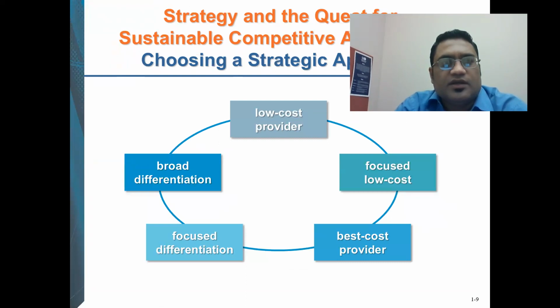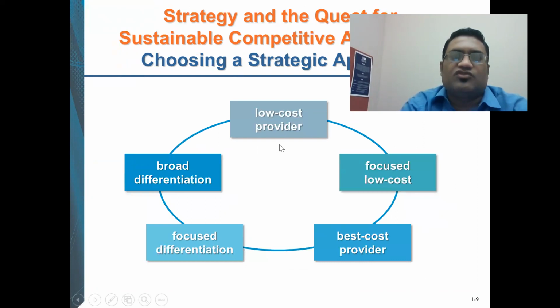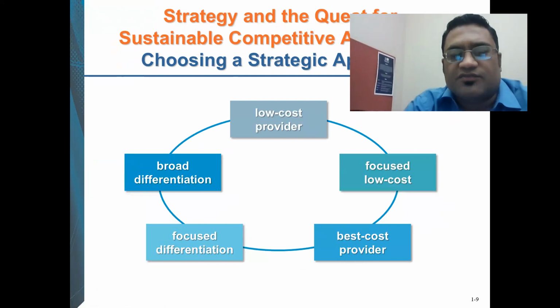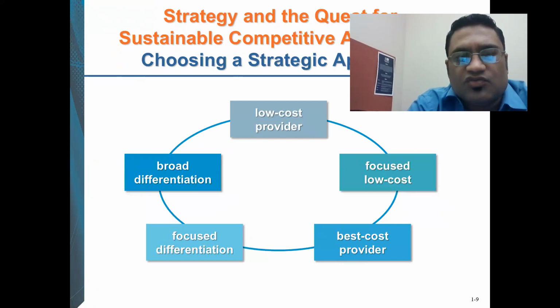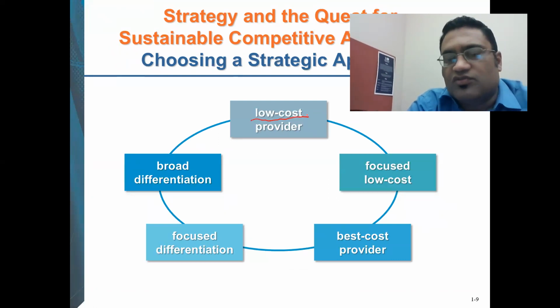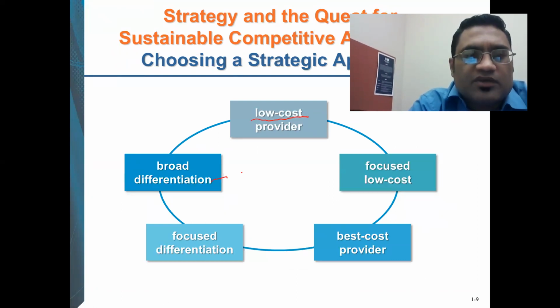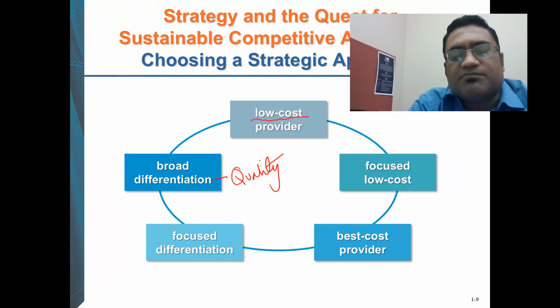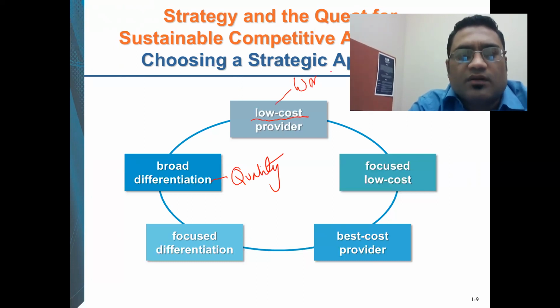Next, we go to these, the main 5 different strategies. Actually, it's only 2 strategies and everything else comes off of that. So either you're competing based on cost or you're competing based on quality. An example of a low-cost provider would be Walmart.